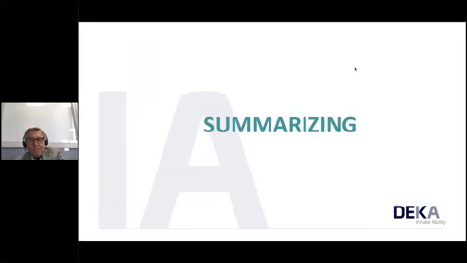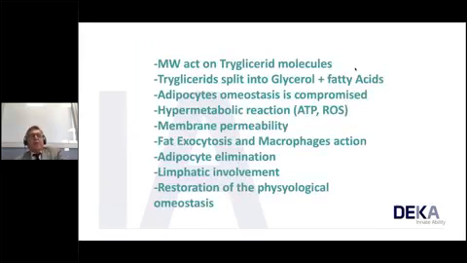Summarizing, microwave acts on triglyceride molecules. Triglyceride molecules split into glycerol and fatty acid. Adipocyte homeostasis is compromised. There is a hypermetabolic reaction with ATP and reactive oxygen species.